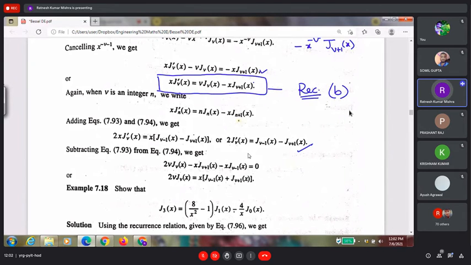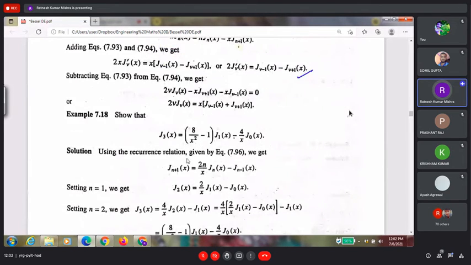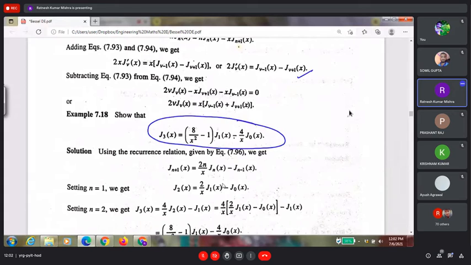So by using the recurrence relation, we can find J3x. 7.96 का मतलब फिर से मैं लिख देता हूँ. By the help of this one, prove that this one.